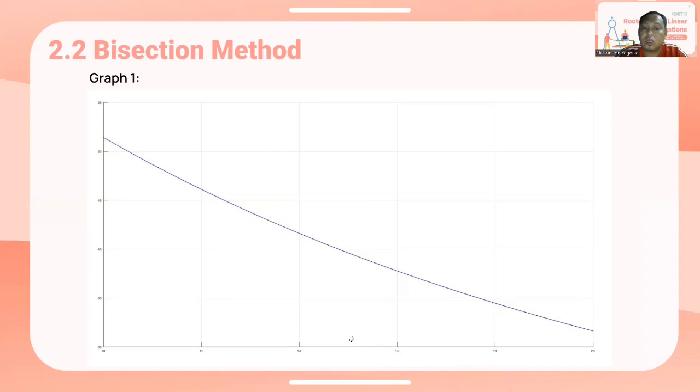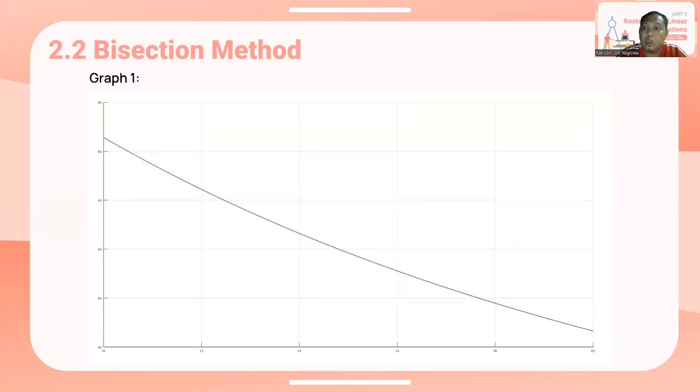For the velocity equal to 40, the given velocity, our graph crosses that line somewhere between 14 and 16.